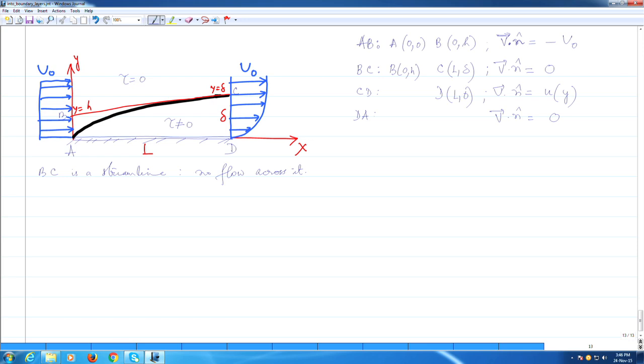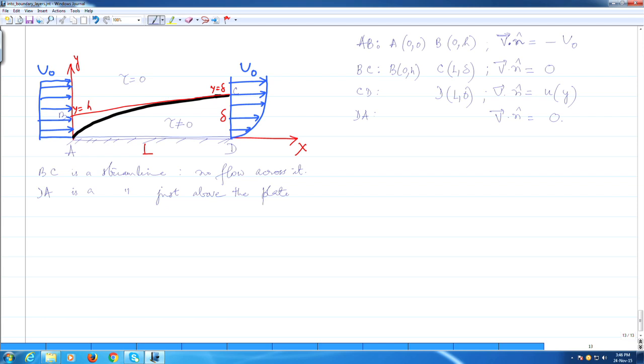Well, again there is no flow across the streamline, but in any case here the velocity is 0 because it is near the flat plate, and that is due to the viscosity, right. So, dA is a streamline just above the plate.